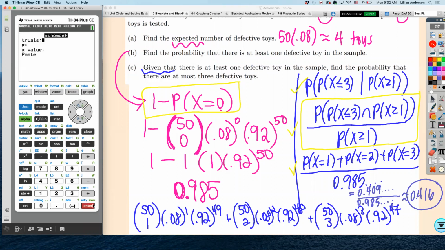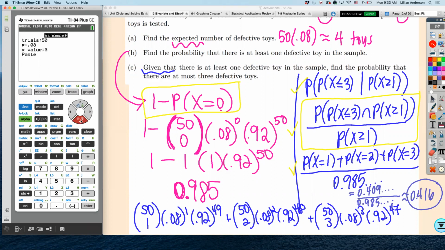Binomial CDF, those are for your ranges. You can only do the values that are less than a particular X value. So if I did want to figure out what my numerator was, I would do an X value of 3. That would give me the probability of 3, 2, 1, and 0. If I chose the X value of 3, it gives me all the values that are less than or equal to that particular X value.